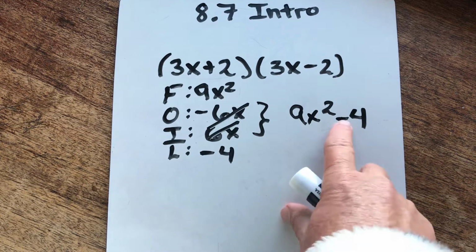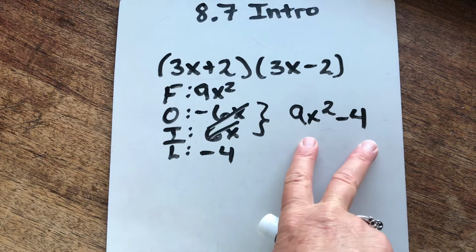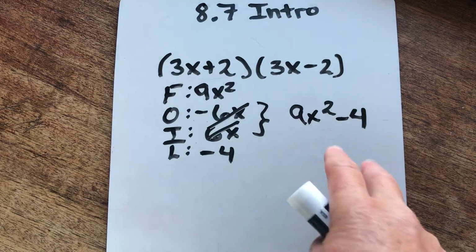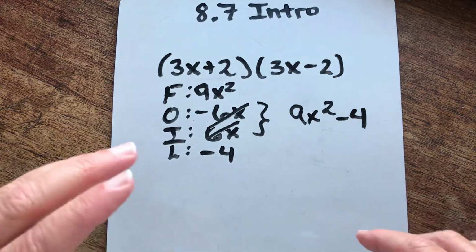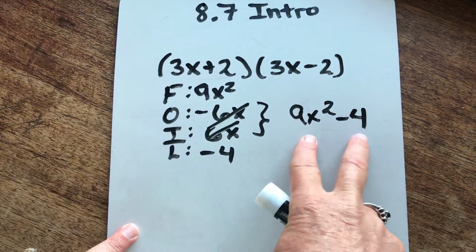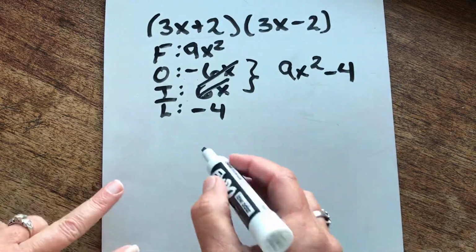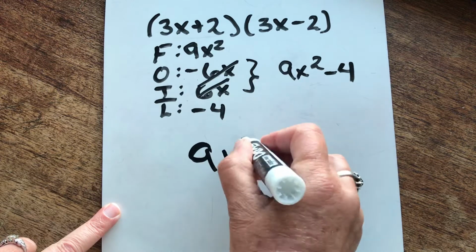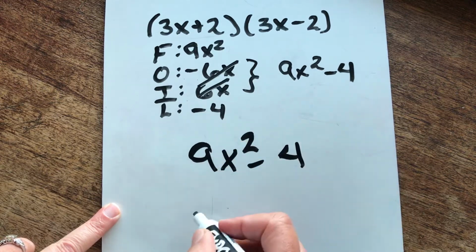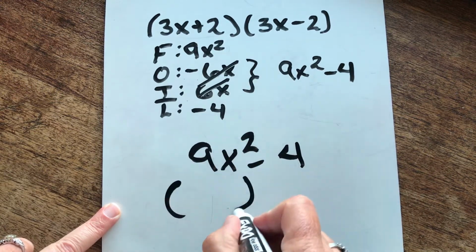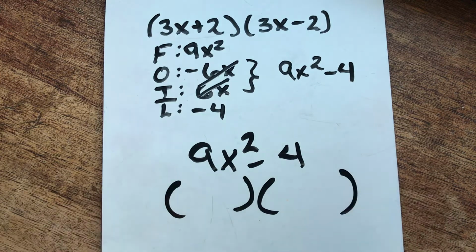You literally have a difference of these things being squares. So part of today's lesson is taking this 9x squared minus 4. That's your question, and you got to tell me, hey, what created that? What are its simplest ingredients?